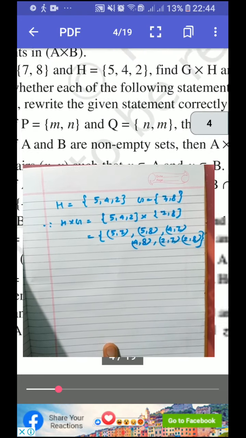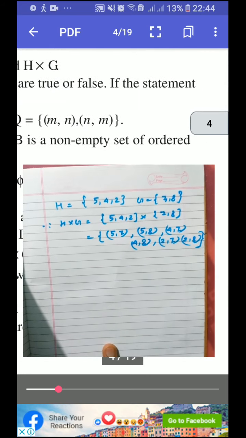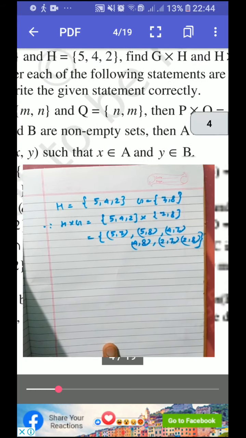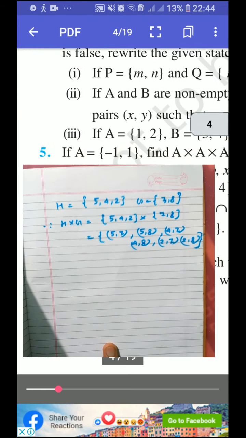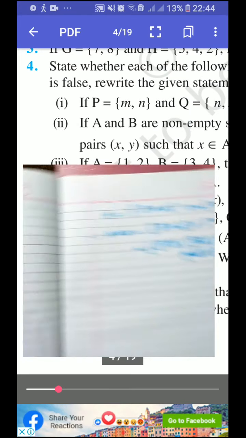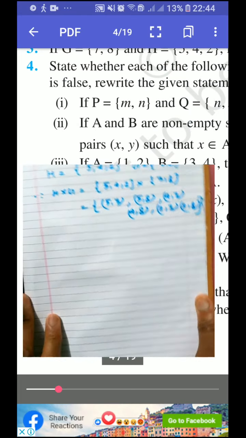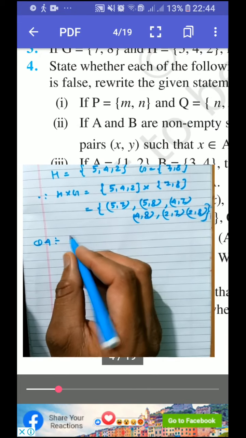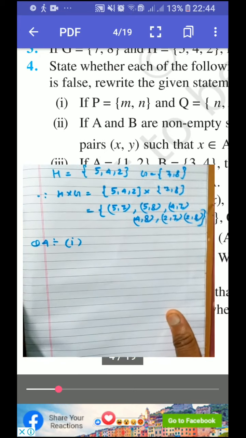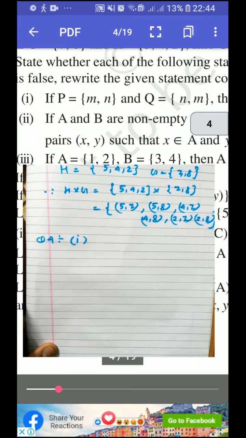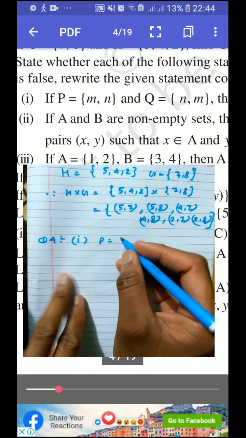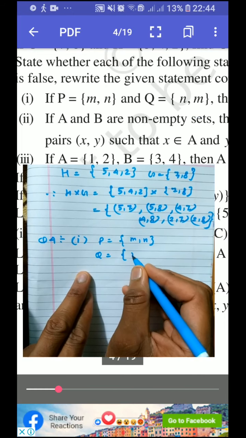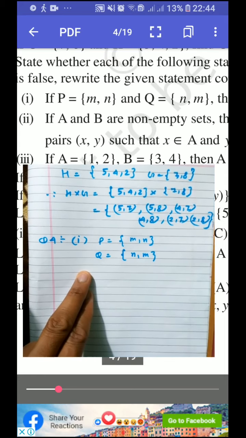Now come to question number 4. State whether each of the following statements is true or false. If the statement is false, rewrite the given statement correctly. Let us see the first statement. We have been given a set P having elements m and n, set Q having elements n, m.